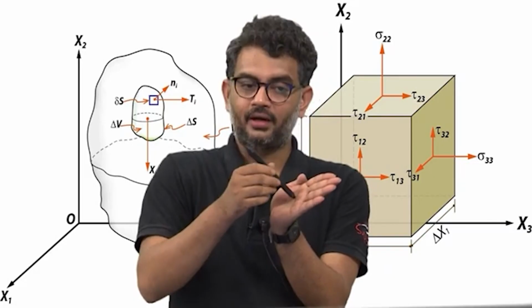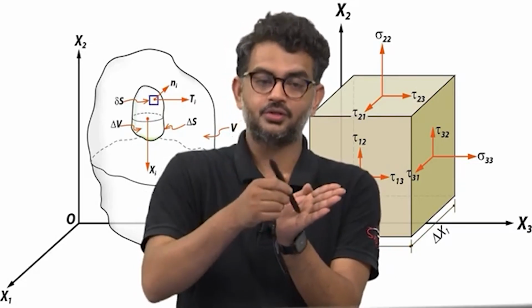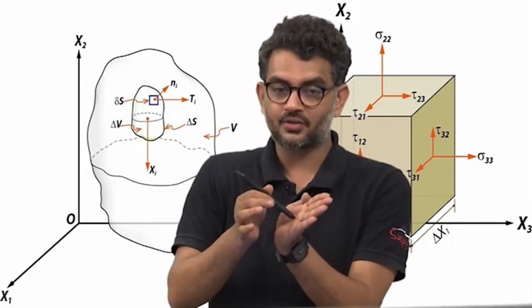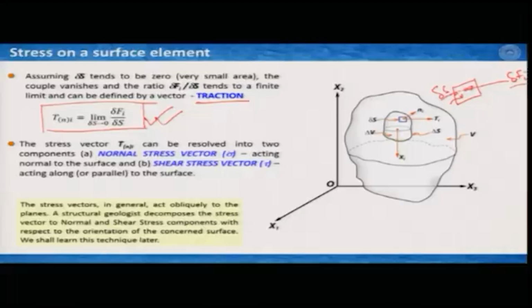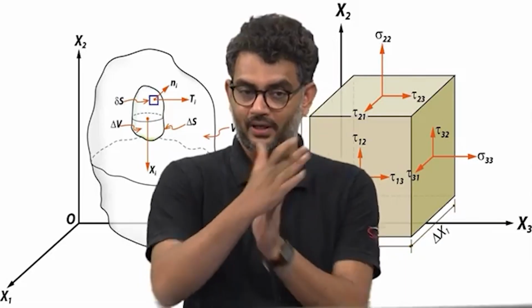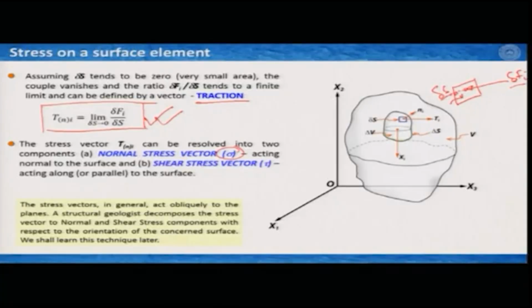The component of this force which is perpendicular to the plane is known as normal stress vector, or mathematically written as sigma, that acts normal to the surface, and the component that acts parallel to the surface is known as shear stress vector, or mathematically generally written as tau, which acts parallel or along the surface.